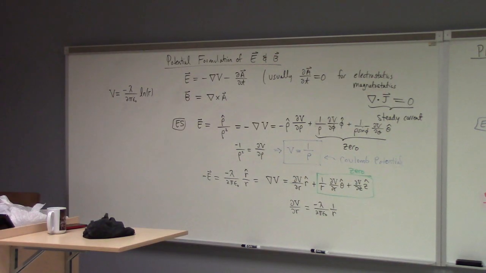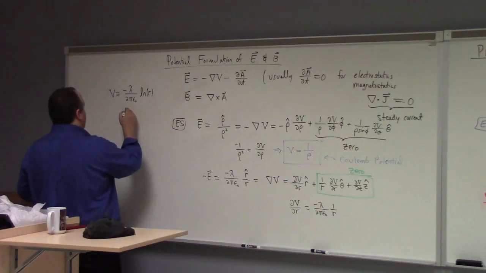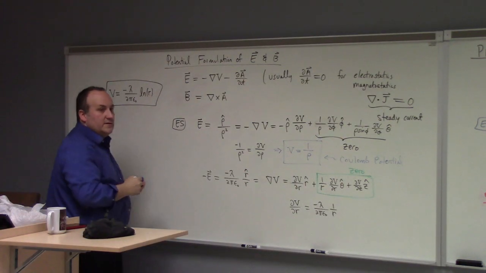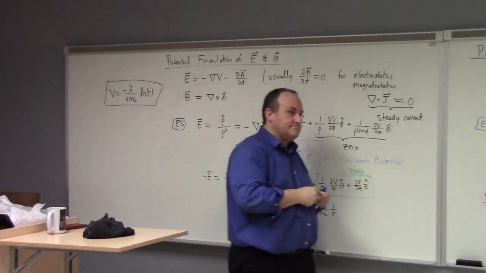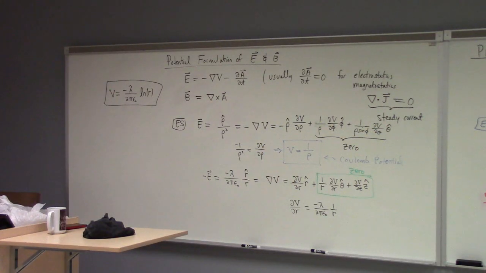Oftentimes you don't have this freedom because the ground, the place where voltage 0 is given to you. So you have to adhere to that boundary condition. But there you go. This would be the voltage for an infinite line charge. This all becomes much more difficult if we use Cartesian coordinates.